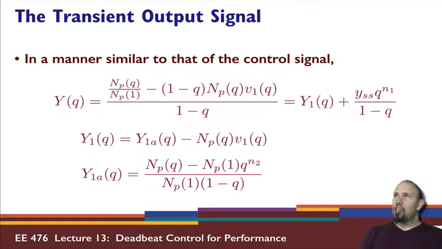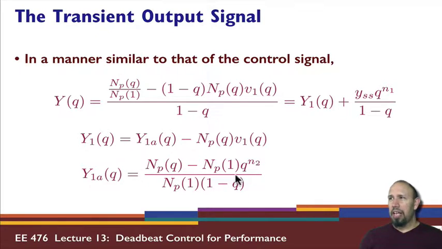Now, what about the transient output signal? So again, our output signal over all time can be written as the transient versus the steady state. Okay, so in this case, y1 is given by this expression, and y1 is a function of two terms, y1a and then this thing that involves v1. y1a is given by this expression, which incidentally is a polynomial.